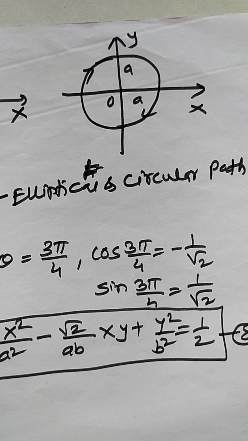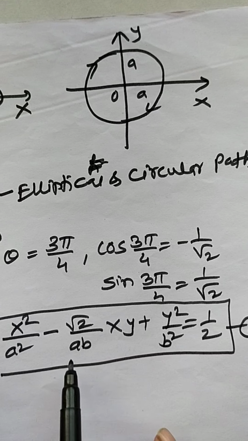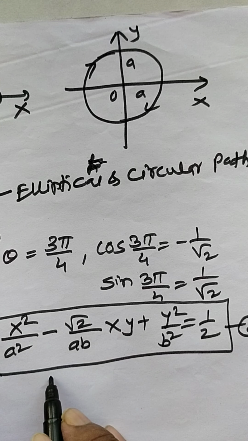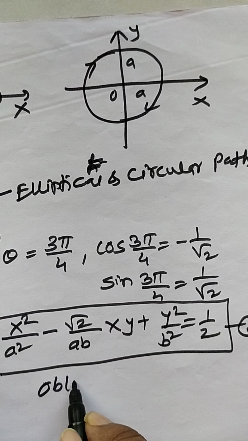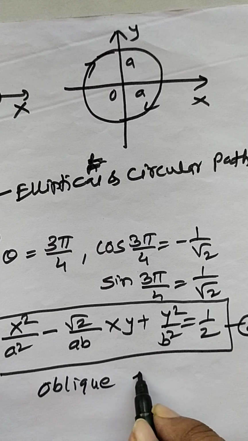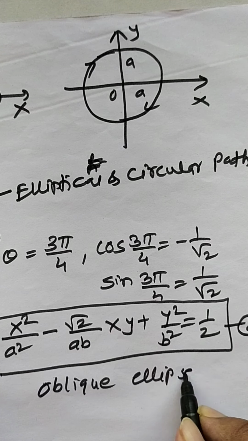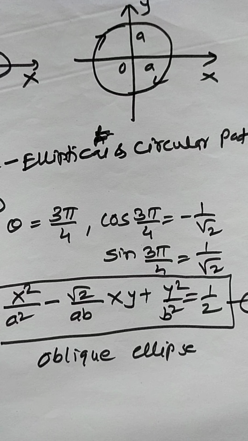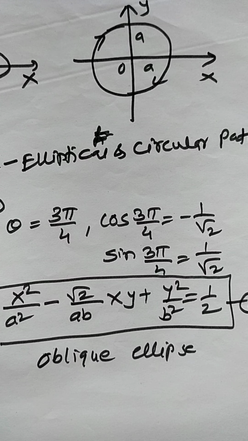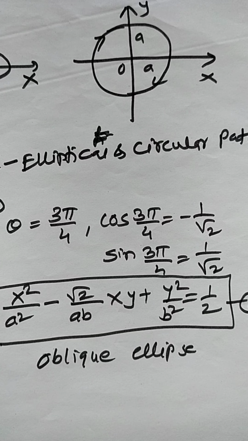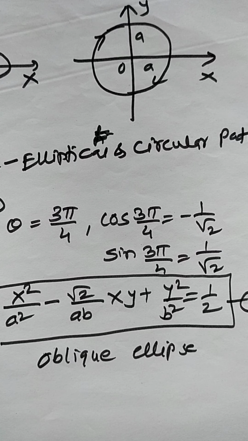So here this equation again represents an oblique ellipse. However, in this case, if the amplitudes of the SHMs are equal, the ellipse is inclined to the x-axis at an angle 3 pi by 4.